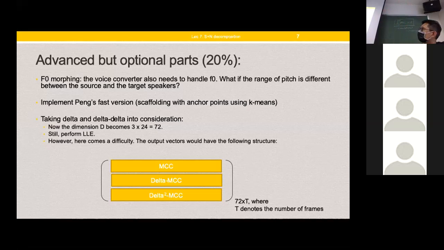The way the paper describes it is that you will scaffold the vector space, your feature space, with anchor points, and possibly using k-means. For those of you that are familiar with it, k-means is a standard clustering algorithm. You don't need to reinvent the wheel. If you can find resources that run k-means for you, please use it. Okay, so that's another point.